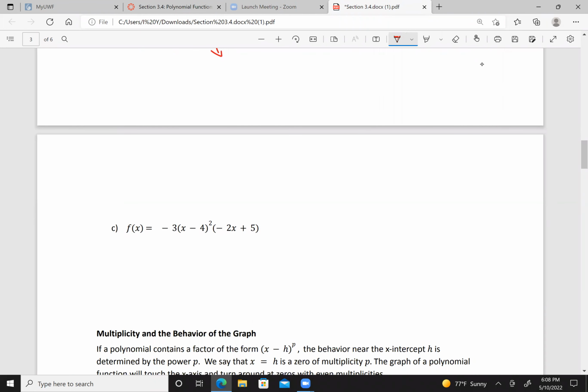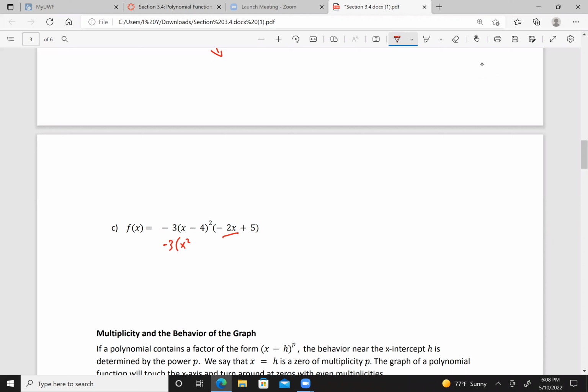Okay, so here, we look at this. We don't have to look at this. We just need the leading term. So I have negative 3 times x squared. Well, actually, that's going to be negative 3 times x squared, and then after we square that, we're going to have this.